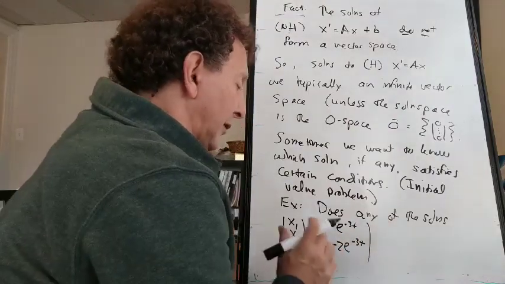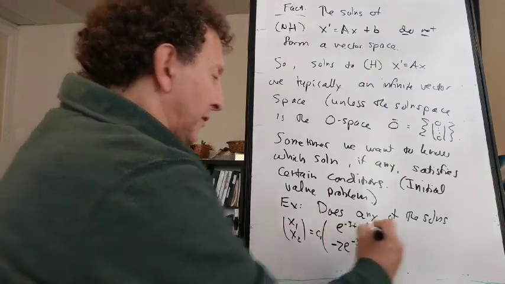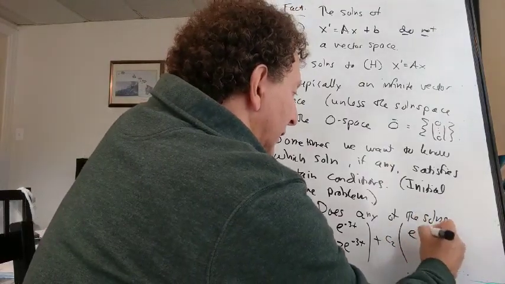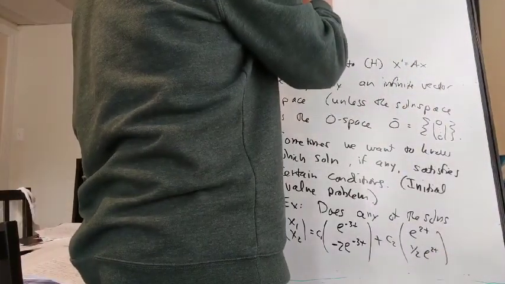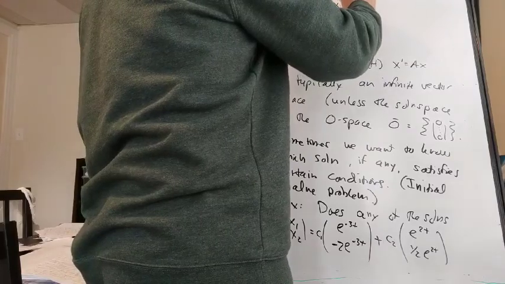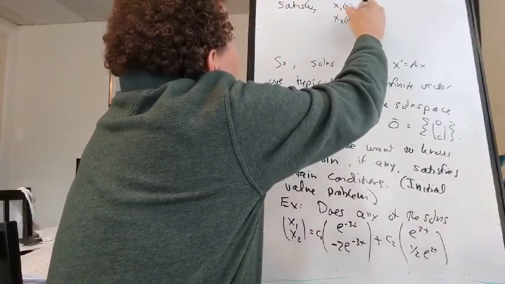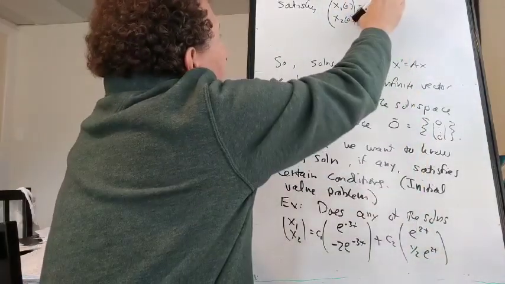So since the solutions are closed under linear combinations, we could say, does any of the solutions, some multiple of this plus some multiple of the other one, which was e to the 2t, 1/2 e to the 2t, satisfy x1 of 0 equals 1 and x2 of 0 equals 0? I guess I could write this in vector form with just one equal sign.